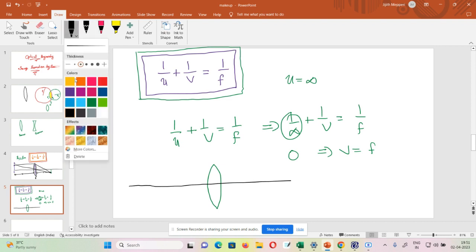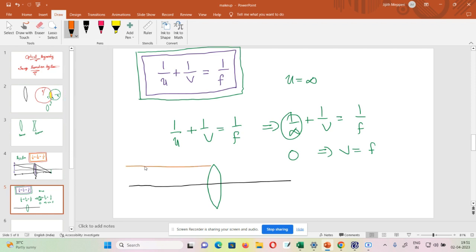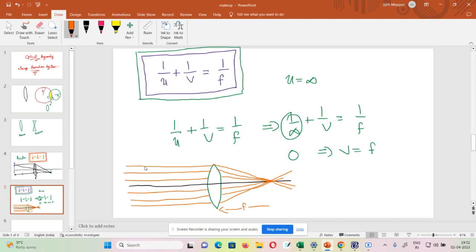In the case of a thin lens, these are all parallel beams, and after refracting through the lens, they will pass through a single point called the focus. So this will be the focal distance. If my object is at infinity, my image will be at my focal plane.